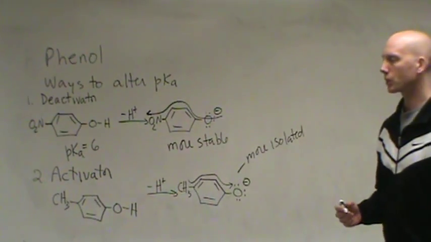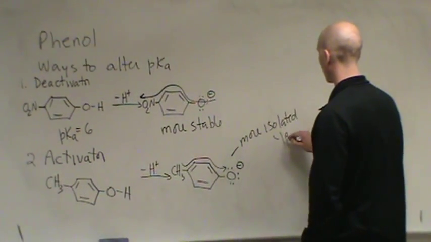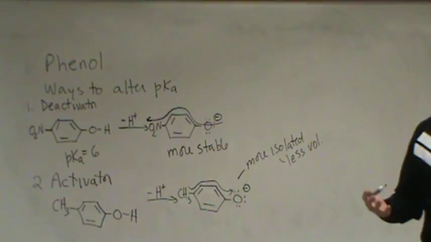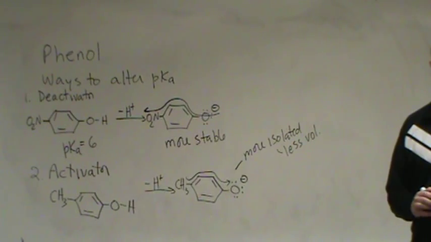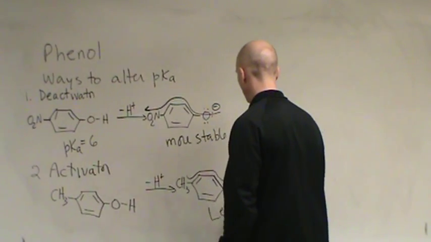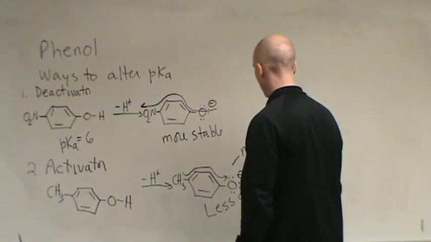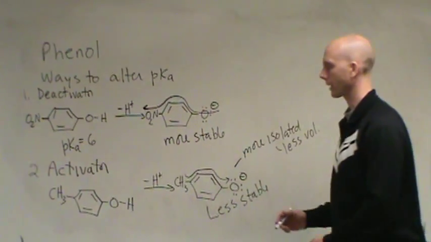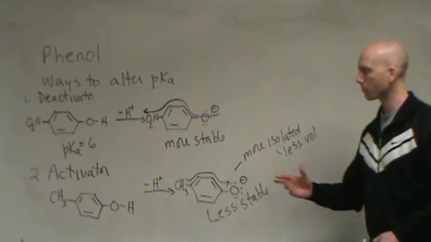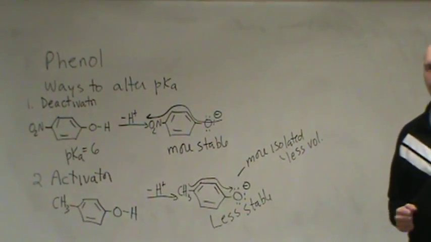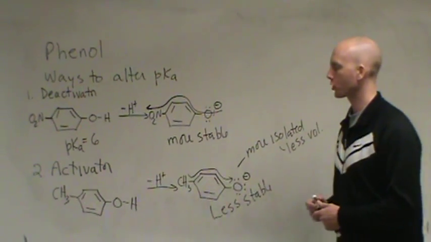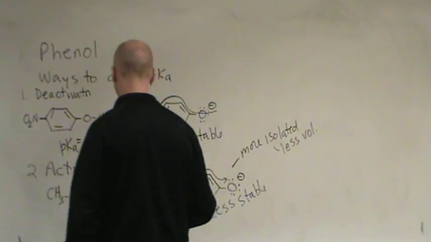So the more isolated it is, the less volume the negative charge spreads out to, and so it'll be less stable. So we'll have a less stable conjugate base, which means for the acid part, it'll be less acidic. So the pKa should be higher than 9.96.